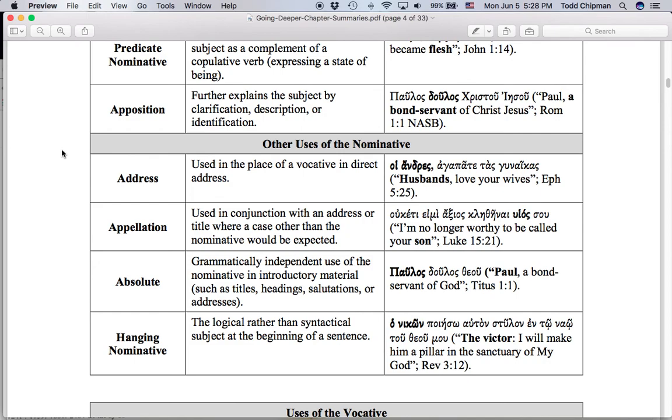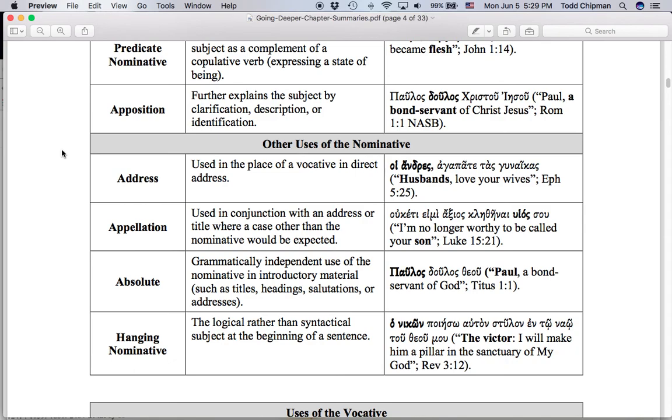The next category, appellation. This is used where a title comes to signify almost a proper name. And you can see it here in the example in Luke 15:21. Ouketi eimi axios klethenai huios sou.